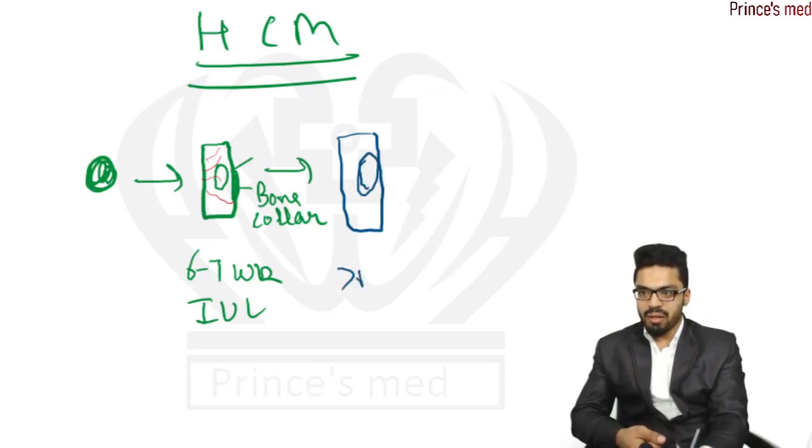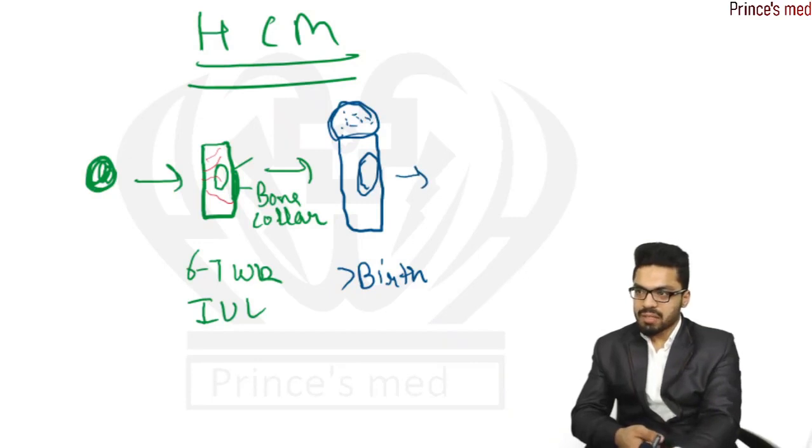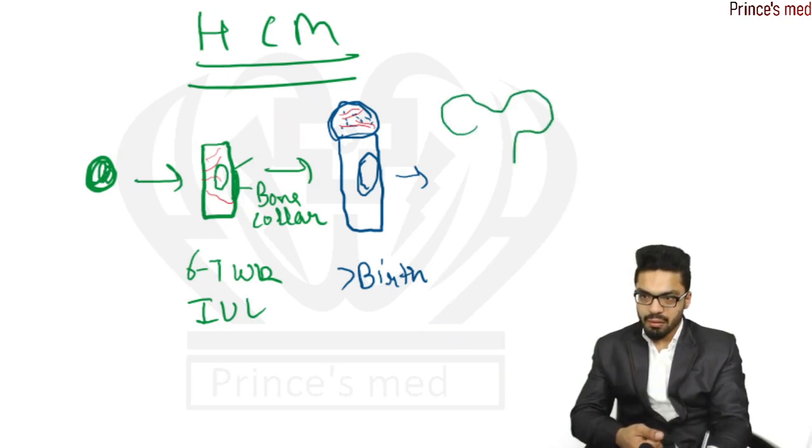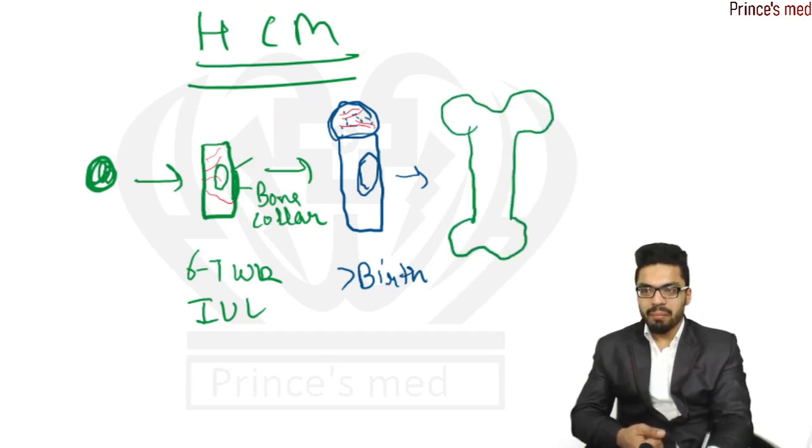After birth the secondary center of ossification also arises, and after some time blood vessel invasion takes place in the secondary center of ossification, and it changes into epiphysis, and the primary bone marrow changes into developed bone marrow.